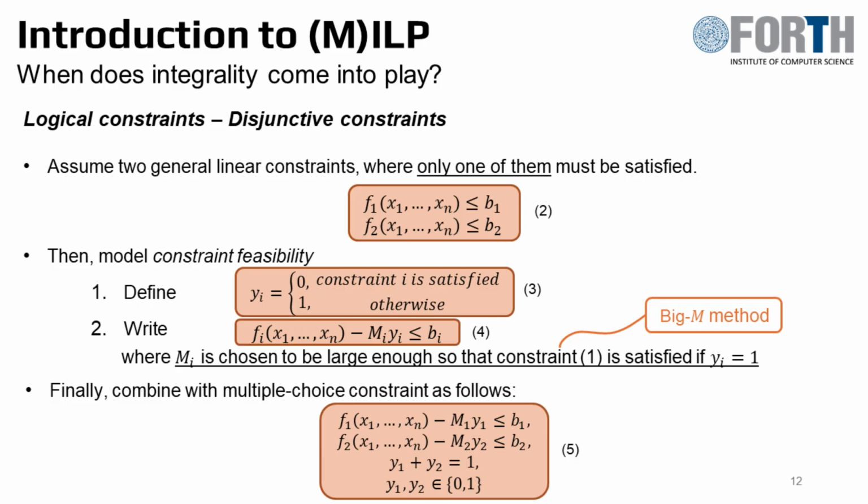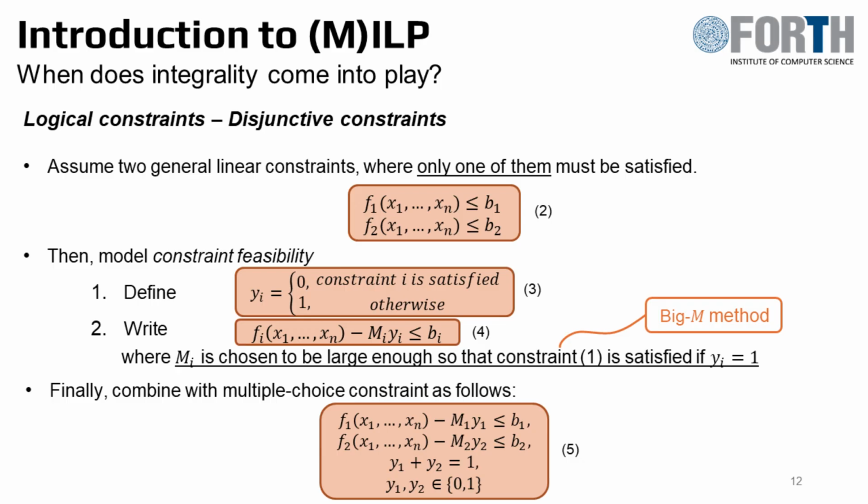Note that the constant M must be sufficiently large to deactivate a constraint when needed, but not excessively large, since overly large values weaken the LP relaxation and may cause numerical instability. Finally, we combine the linear constraints introduced with a multiple choice constraint and get the final set of linear constraints shown in equation 5.